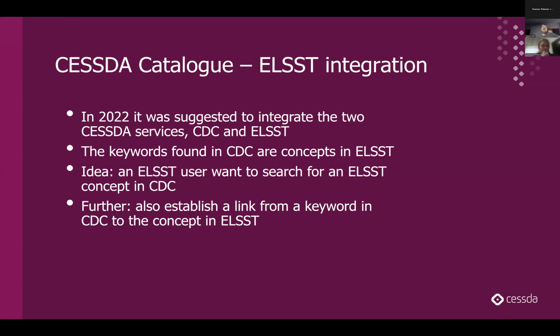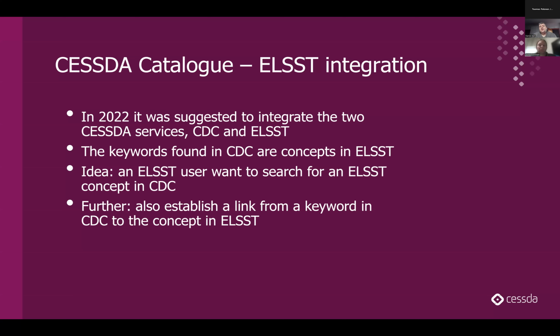So in terms of integrations, one of the things we've done is integrate the CESSDA catalog. You have in Elst a very large number of concepts. And in the CESSDA catalog, I think it's something in the area now of about 40 or 50,000 data sets, which all have keywords. They're not always Elst keywords.